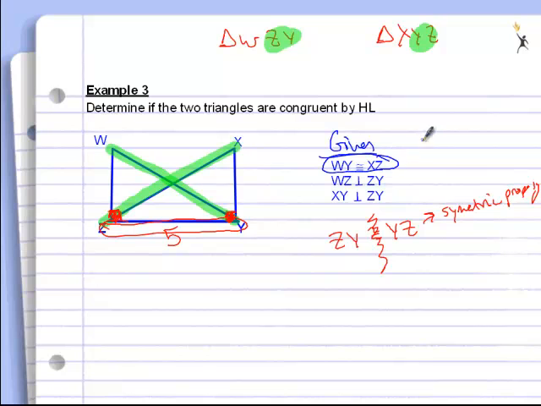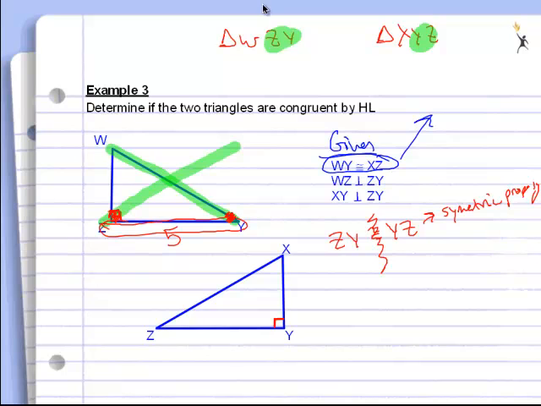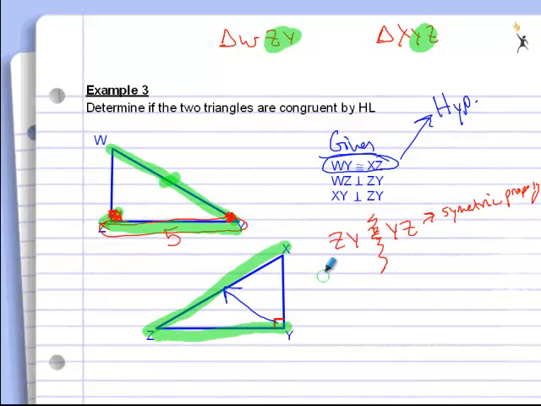Well, if I pay very close attention, this YZ and XZ, I'm going to pull this out. What do you notice about XZ? It's called the what? The hypotenuse. So we have the hypotenuse of one being congruent to the hypotenuse of the other. Then I have a second leg congruent, and it's a right triangle.